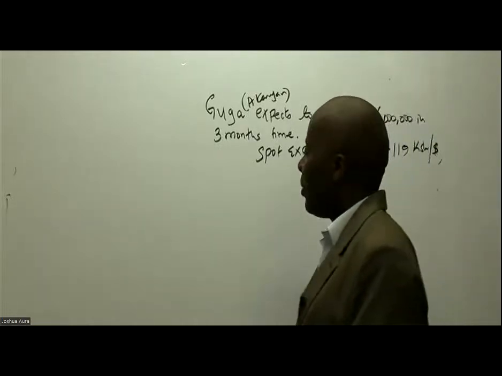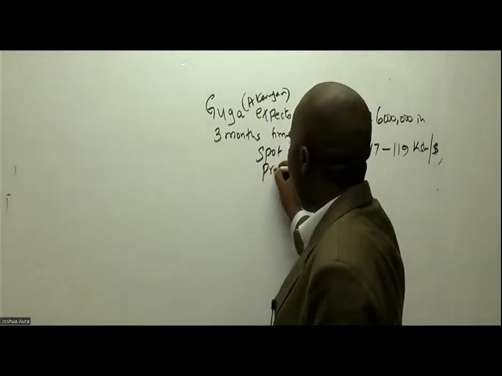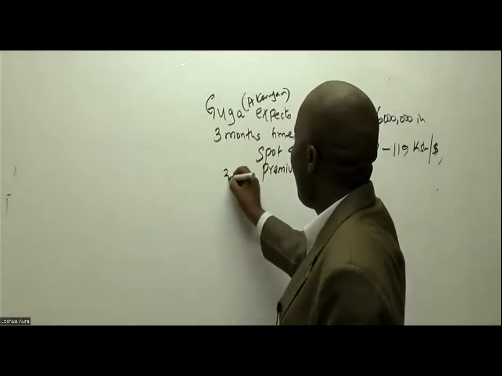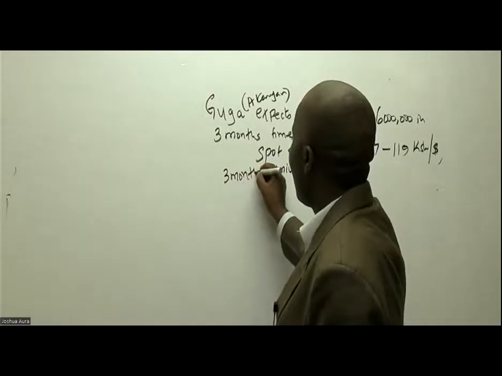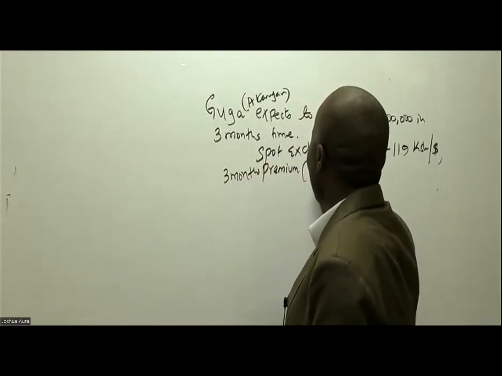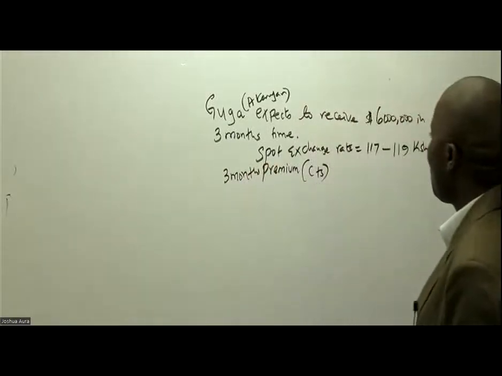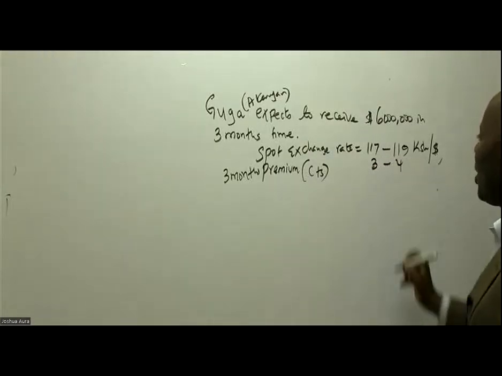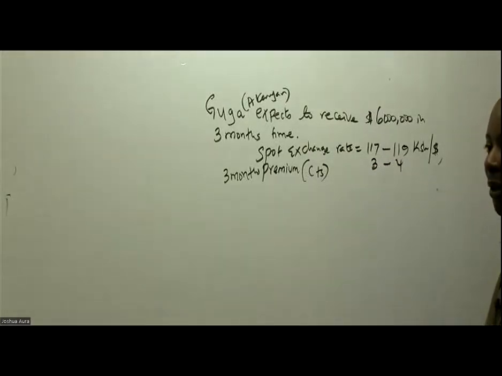And then they'll give us the premium. 3 months premium in cents. They'll give you 3 to 4.